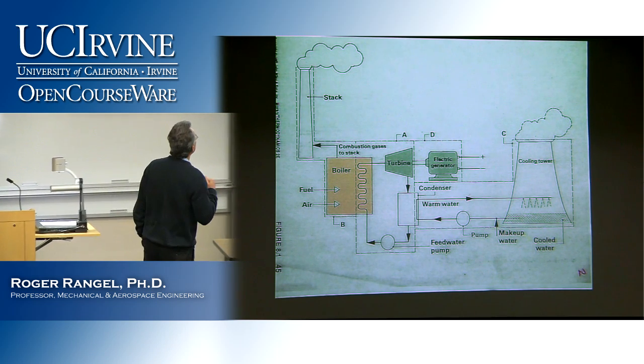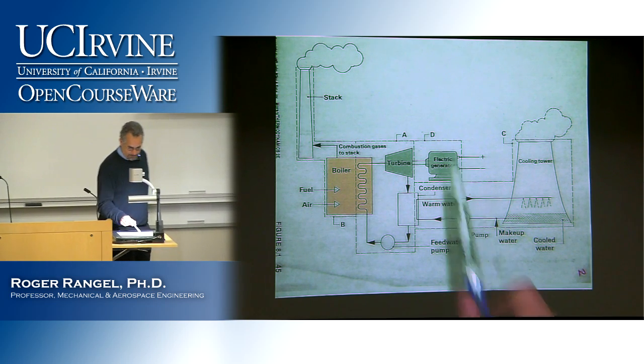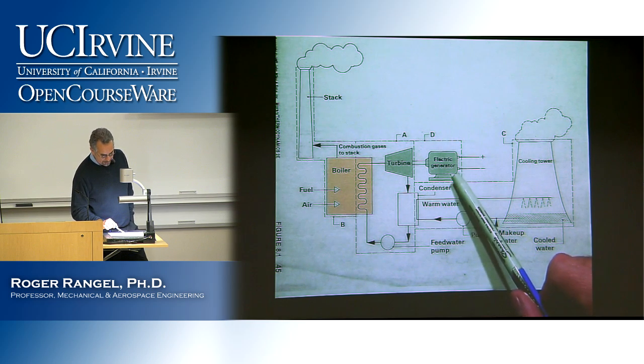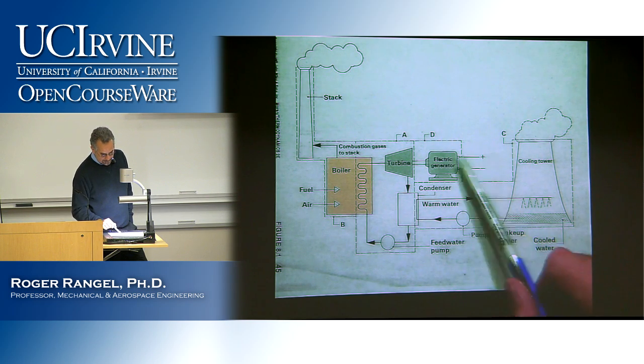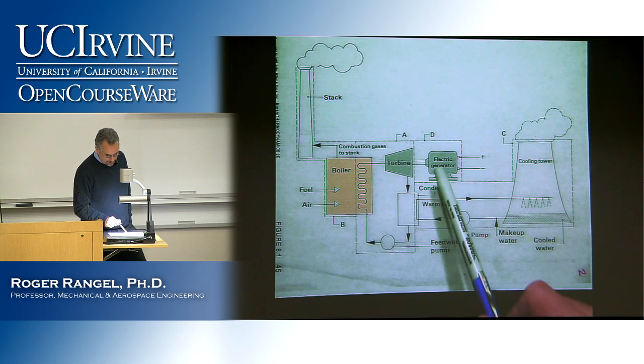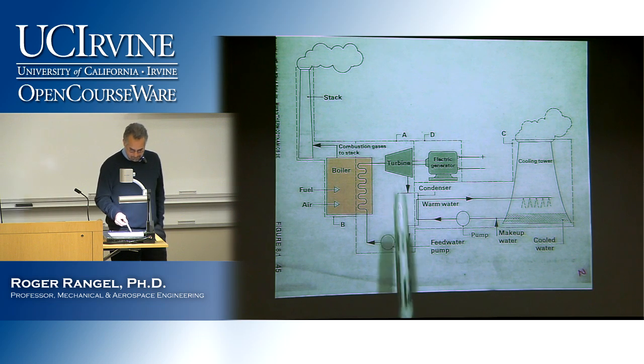Right? And you see that here. Of course, this is a simple schematic, so it's represented by this one electric generator that produces electricity. Where does the generator get the energy from? The turbine.